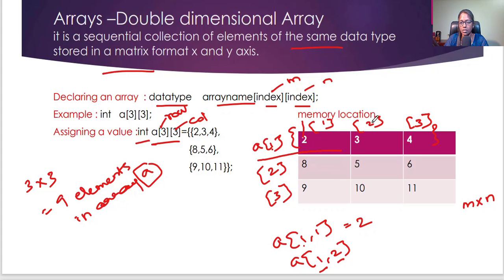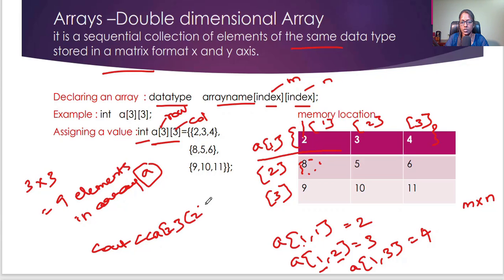So a of first row, second column you can save 3, a of first row, third column you can store 4, and similarly second row, first column is 8. If I print cout a of 2 comma 2, what is the element? 5.